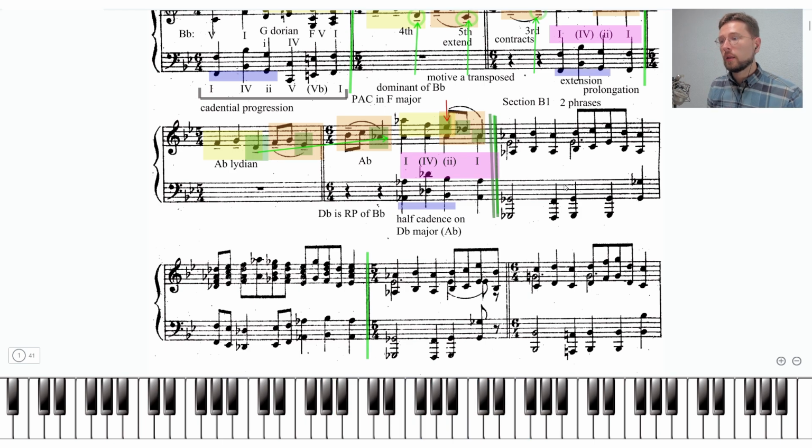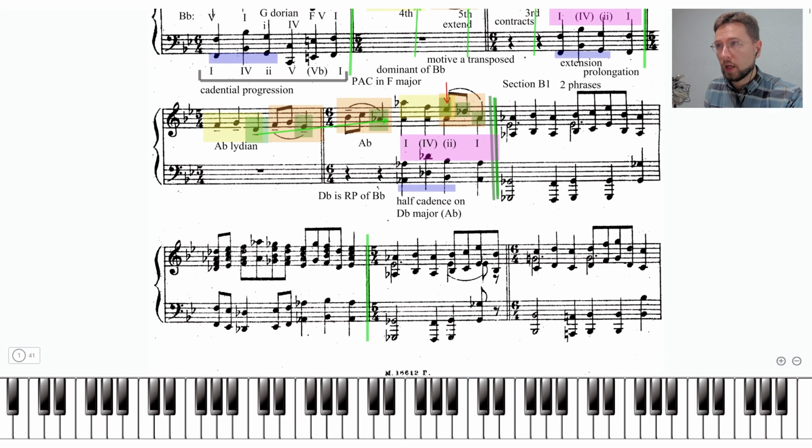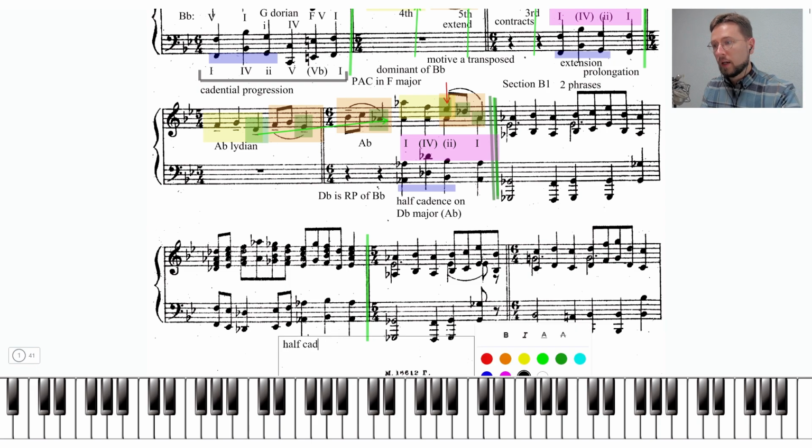You can look at it as A flat mixolydian, because we end on A flat. But for me, it still sounds very tonal, and I would argue that it's D flat major, and we're just doing another half cadence on D flat.